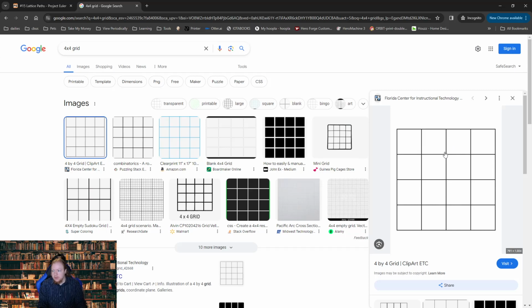So here it's going to count the rows as if from a 2x3. And that's a little bit trickier, isn't it?